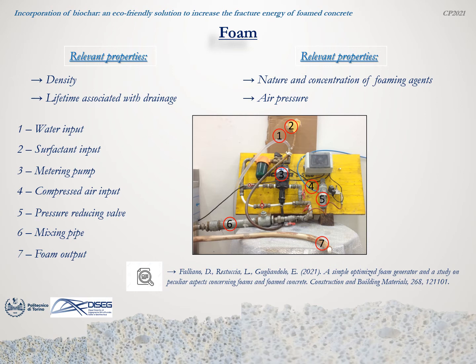Lastly, the water-surfactant mix expanded with compressed air passes through the mixing pipe that's filled with appropriate brass rings that trigger the turbulent flow conditions and make it possible to obtain a homogeneous and stable foam whose output is indicated by the point 7.